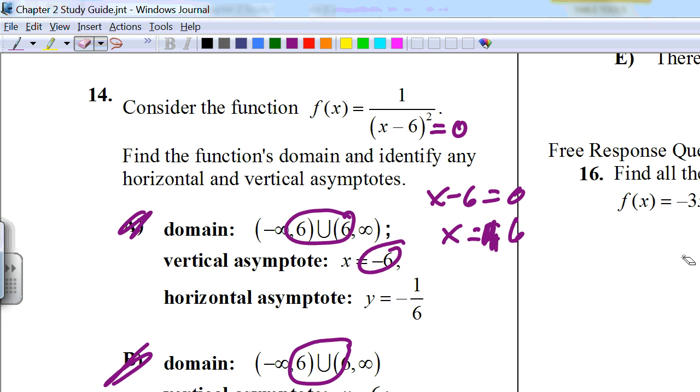Free response. Find all rational zeros of the function. So we have to look at our possible rational zeros. We have to graph it. So our possible rational zeros are our factors of 64, which are 8 times 8, 4 times 16, 1 times 64, 2 times 32.